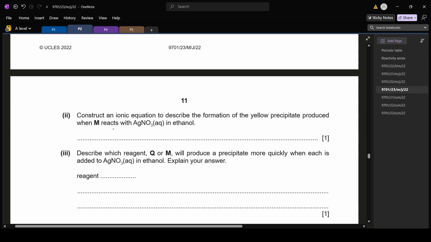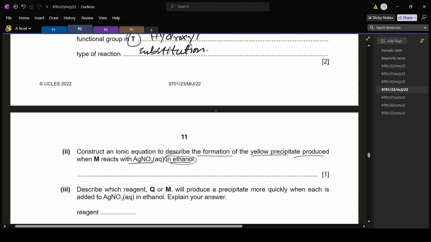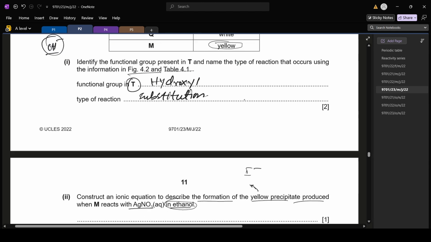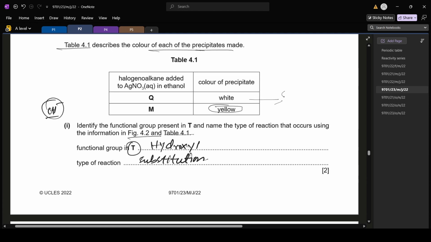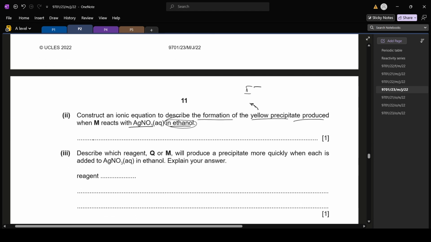Construct an ionic equation to describe the formation of the yellow precipitate produced when M reacts with silver nitrate in ethanol. The yellow precipitate shows that M has iodide ions, and a white precipitate shows that it has chloride ions, because silver chloride is a white precipitate and silver iodide is a yellow precipitate.